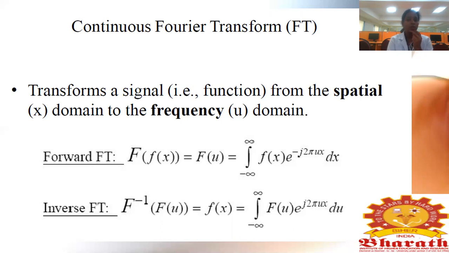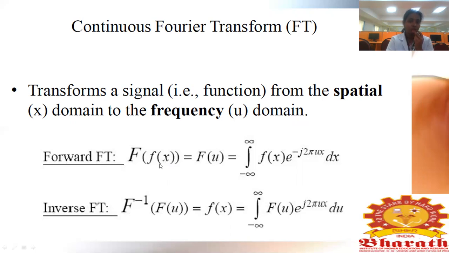Similar to the transform pair we have seen already, we have a forward Fourier transform and an inverse Fourier transform also. The Fourier transform, which I represent in caps, tells that I am going to apply this Fourier transform onto the function f(x), which is a function in the spatial domain.